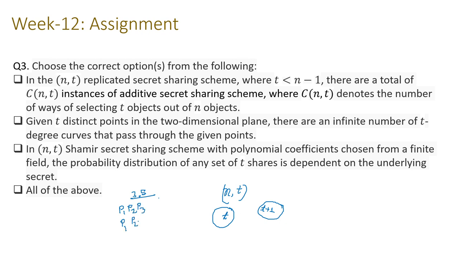Let's say P1, P2, P3, P1, P2, P4, P1, P2, P5, and P2, P3, P4, P2, P3, P5, and P2, P4, P5, right? So there will be a total of 10 possible subsets, right?